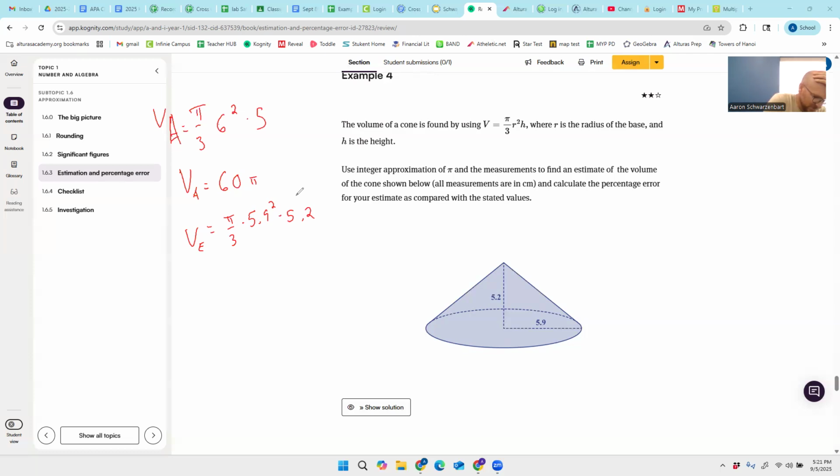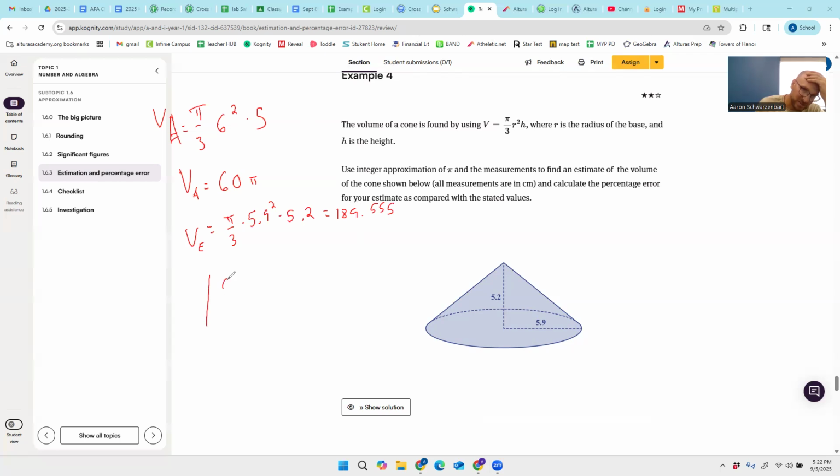And it's not like using a calculator is that hard, but the estimates sometimes are a good tool for us. And I get 189.555.